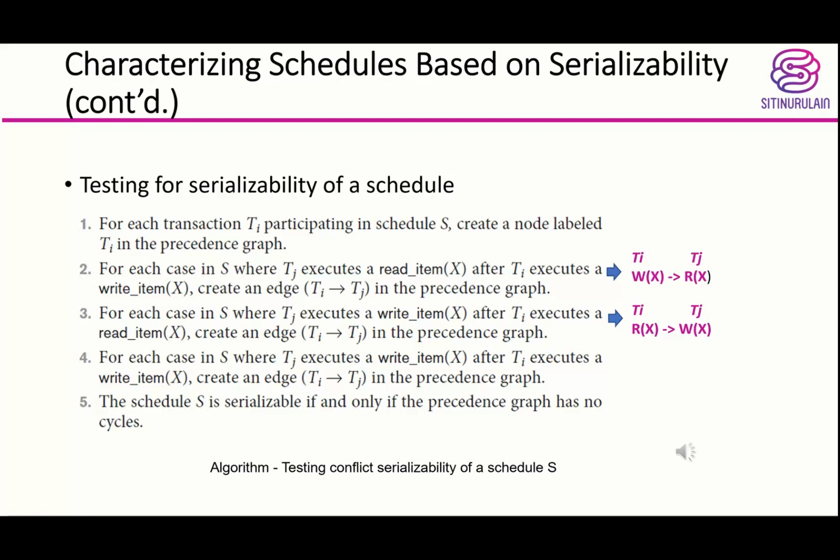For each case where Tj executes a write_item, X, after Ti executes a read_item, X, create an edge, Ti to Tj. 4. For each case where Tj executes a write_item, X, after Ti executes a write_item, X, create an edge, Ti to Tj. 5. The schedule S is serializable if and only if the precedence graph has no cycles.